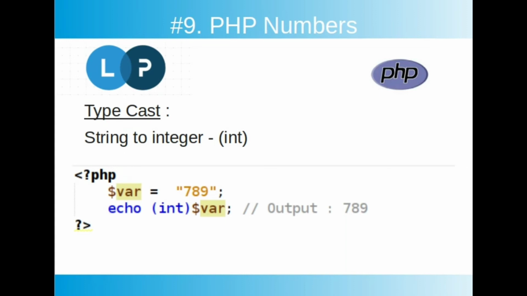If we want to calculate with this $var variable, we cannot, because we cannot add or subtract within a string variable. So we need to cast it to an integer. If we write (int) before $var, we can see $var will become an integer type variable.